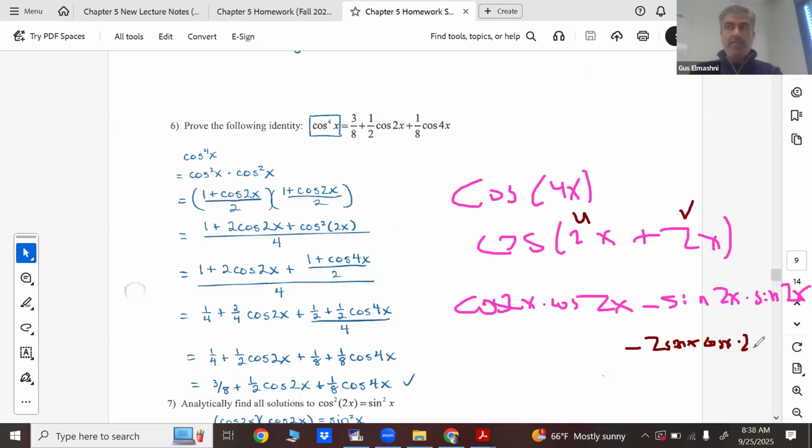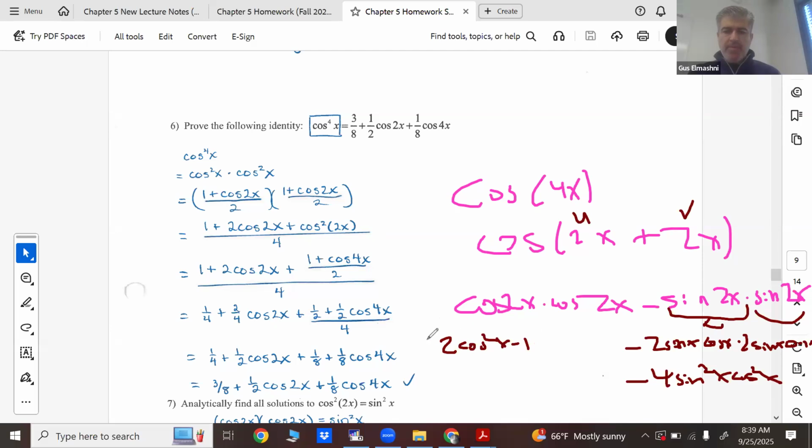You guys would agree? Because what's sine 2x? 2 sine x cos x, right? And I'm writing this really small. Which is going to be minus 4 sine squared x cosine squared x. The cos 2x, we have some options for that. I can write it as 2 cosine squared x minus 1.